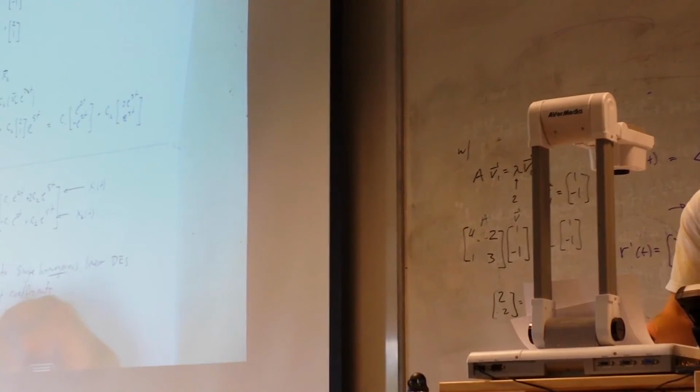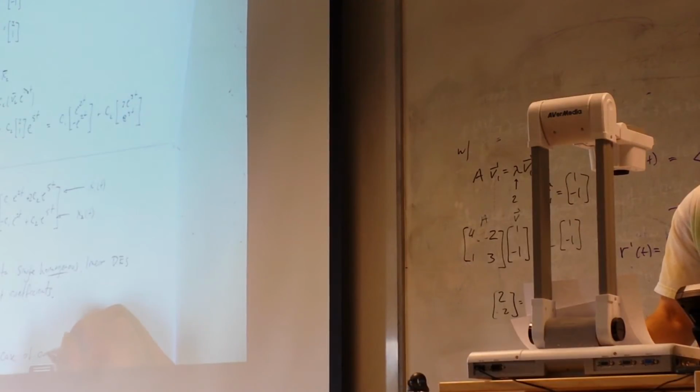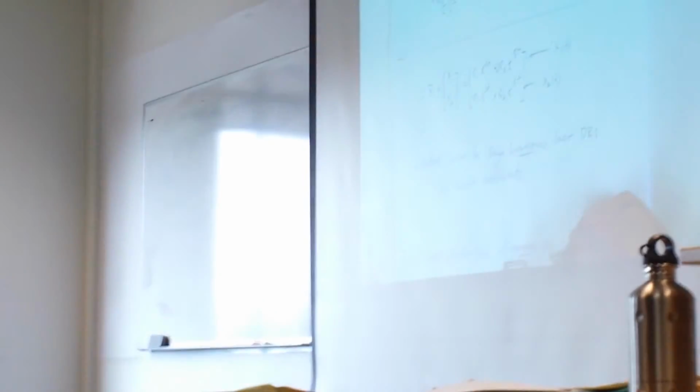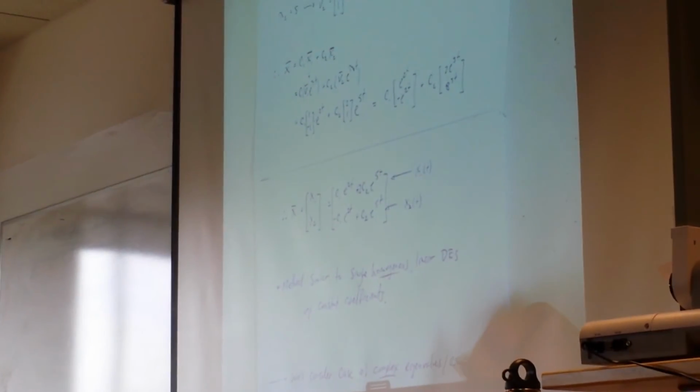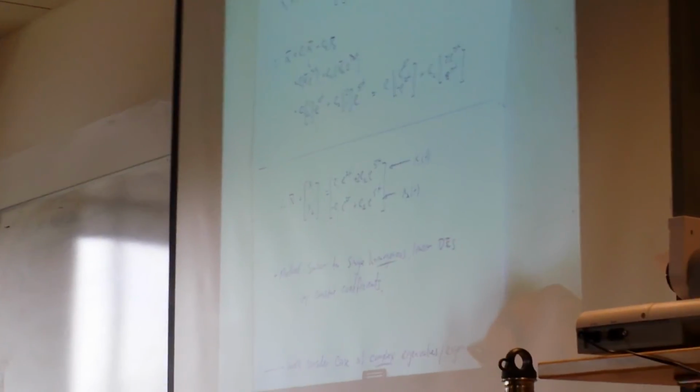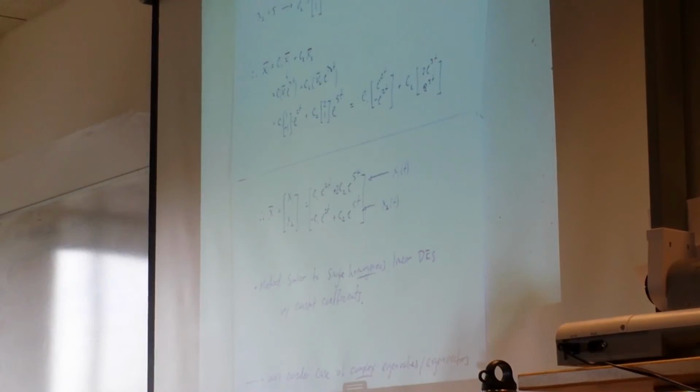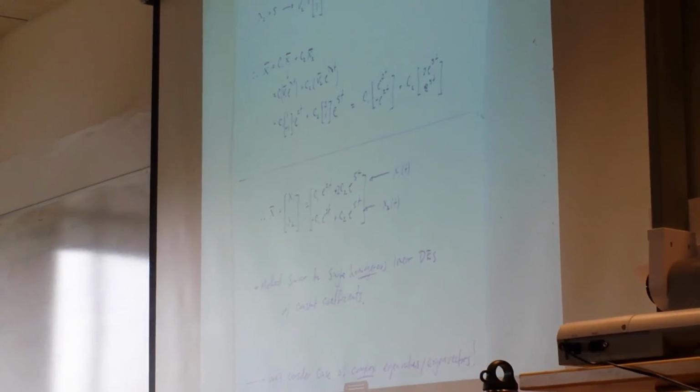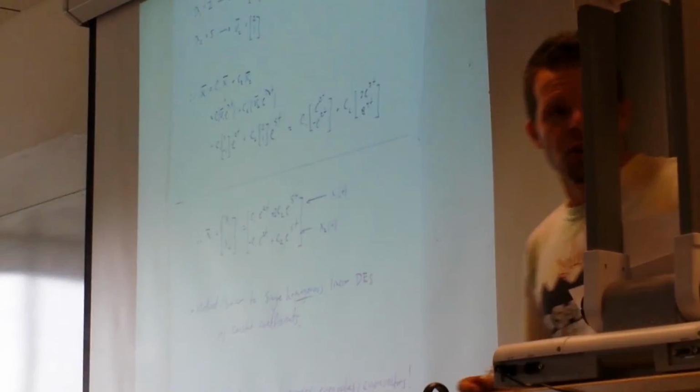We will consider what happens in the case where we get complex eigenvalues. You can also have complex value eigenvectors, and that's when it gets fun. Okay, so we're going to do that next time.